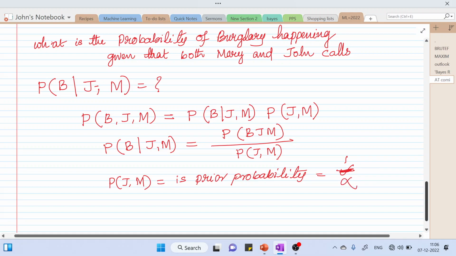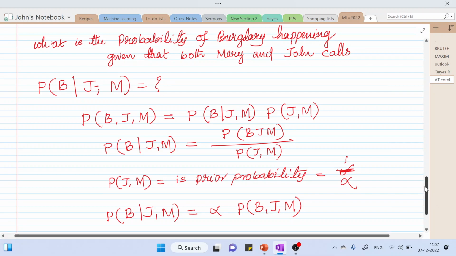So now the probability of burglary occurring given that John and Mary both called is 1 by the probability of John and Mary, some constant alpha, we will calculate it later, into the probability of burglary, John calls, Mary calls.